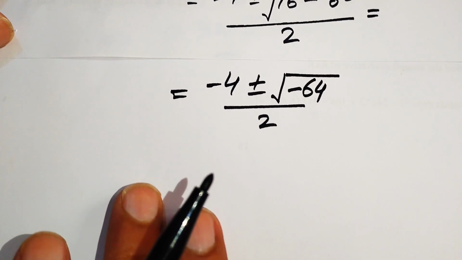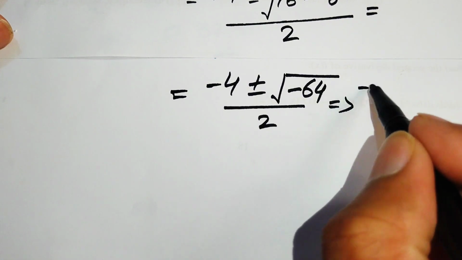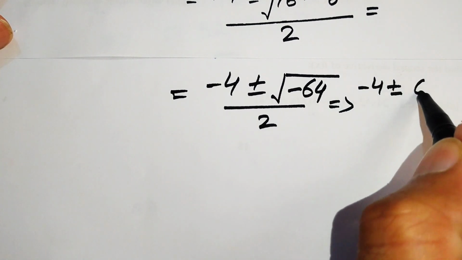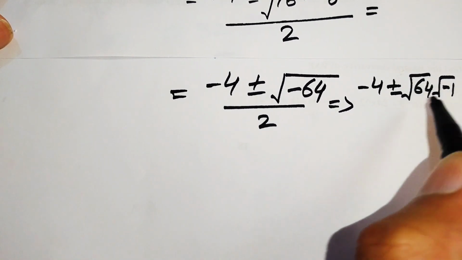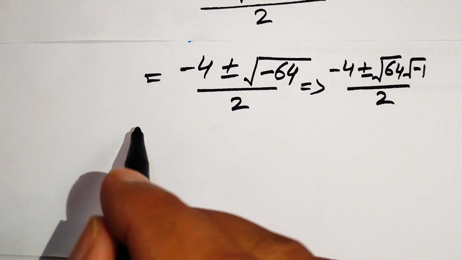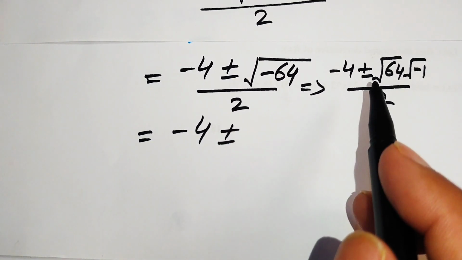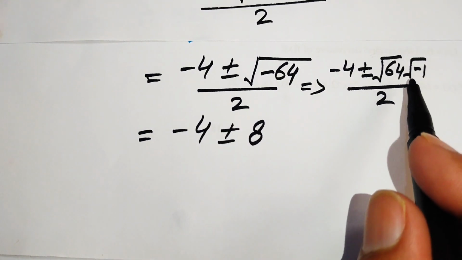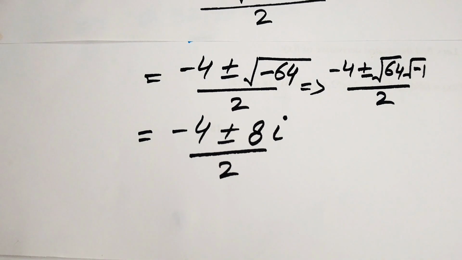In the next step we separate the square root into two terms: minus 4 plus minus square root of 64 and square root of minus 1, divided by 2. The square root of 64 equals 8, and the square root of minus 1 equals iota, and this whole is divided by 2.